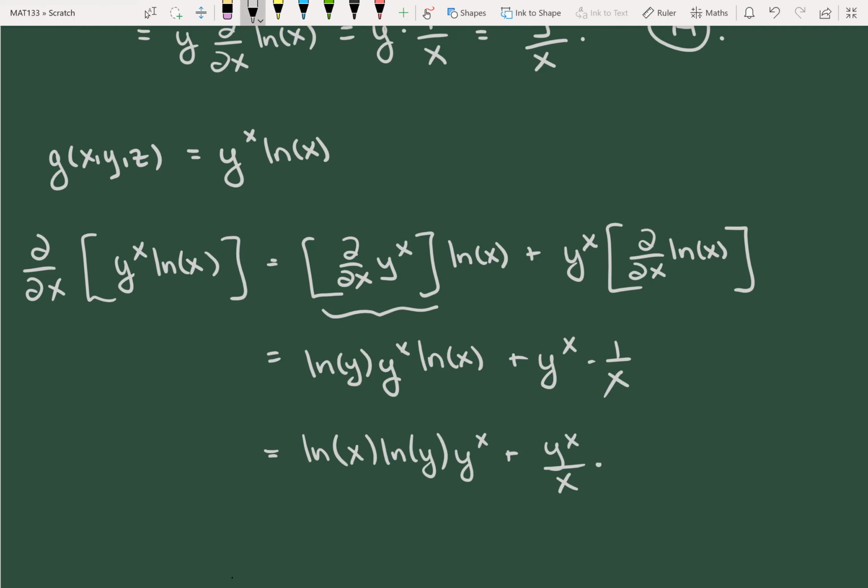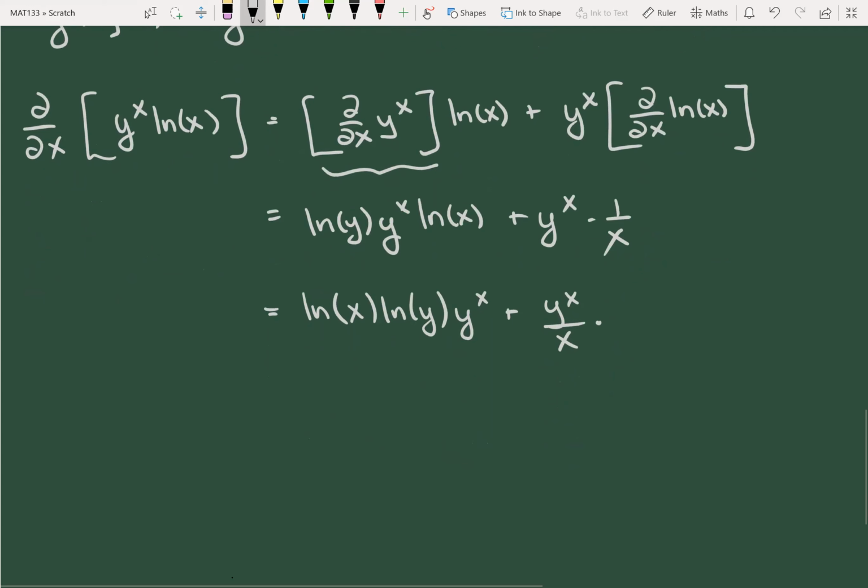How do I get the derivative of y to the x? Sure. Remember, y is a constant. So if I put a constant in that place, how would I have done this?